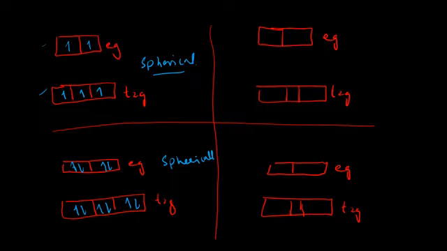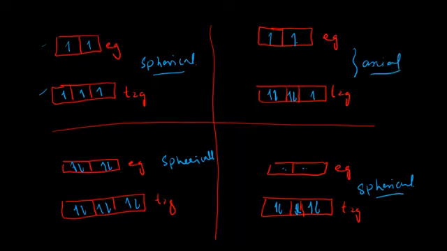If the electrons fill like this one, or like this one, where both these are empty but these are paired, again this is the spherical filling. So this is the spherical symmetry. But if the electrons are like this one, now this is the case of axial electronic symmetry, because in this case the filling of electron is not spherical.